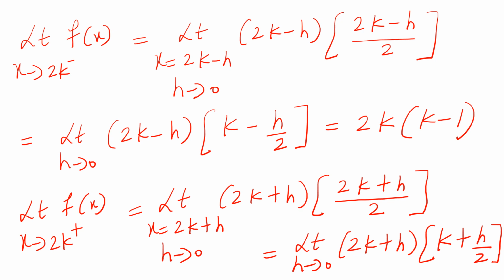Now students, we move further. The value of the right hand limit at x = 2k becomes equal to 2k into k. Now for the function f(x) to become continuous at x = 2k, the first condition is that the limit at x = 2k for the function f(x) must exist.